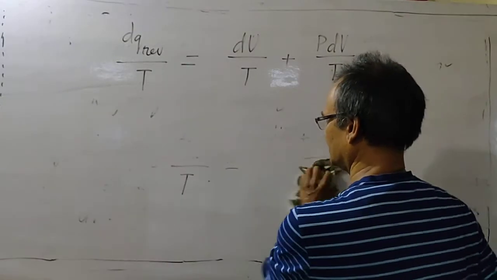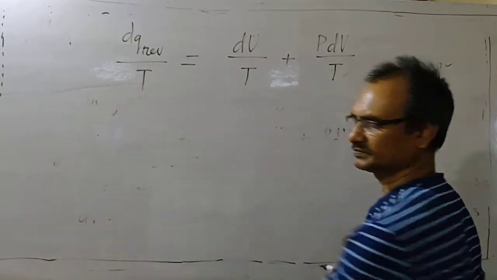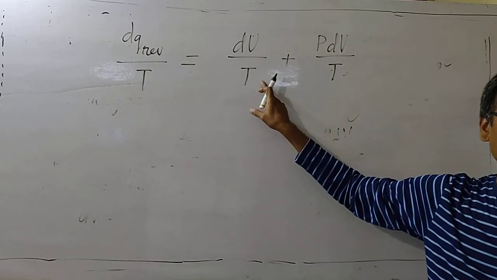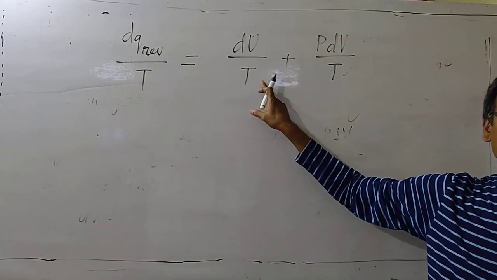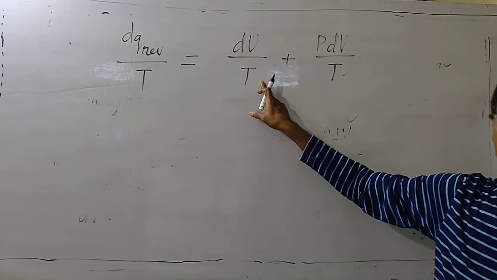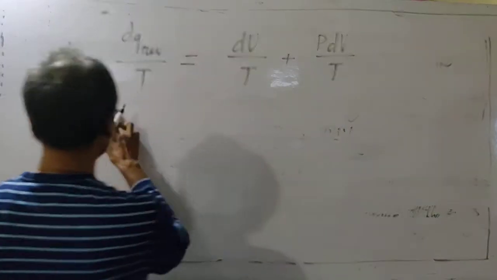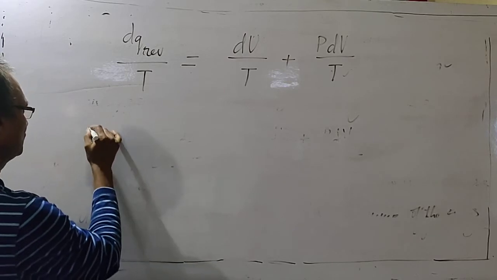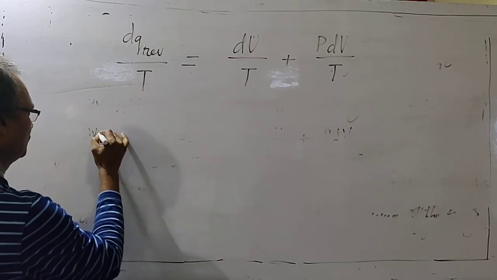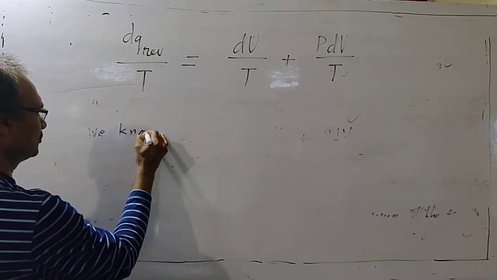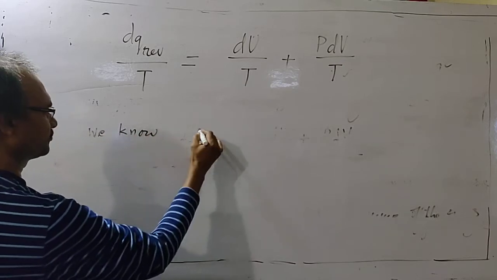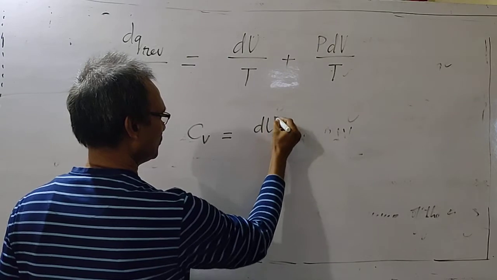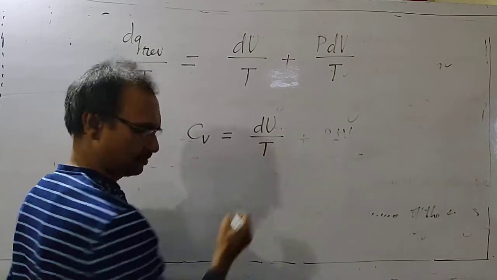But we know Cv is the specific heat of gas at constant volume.